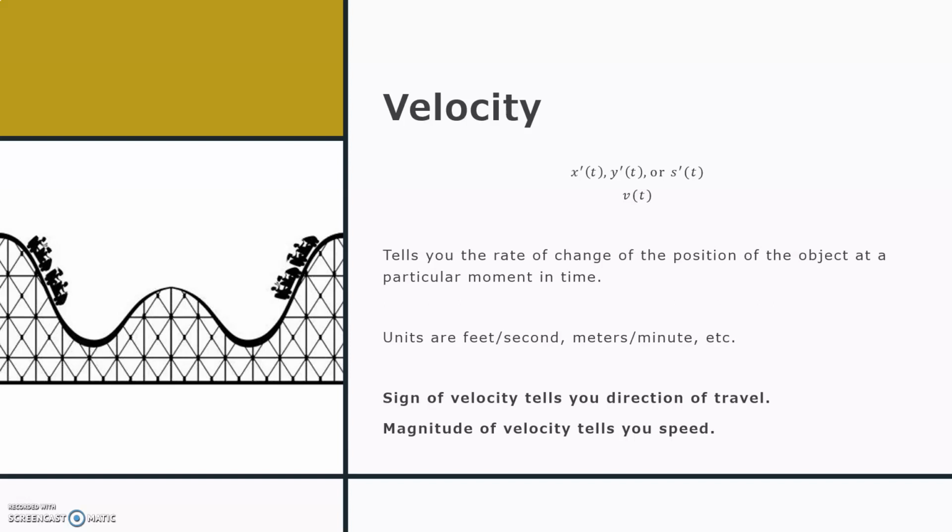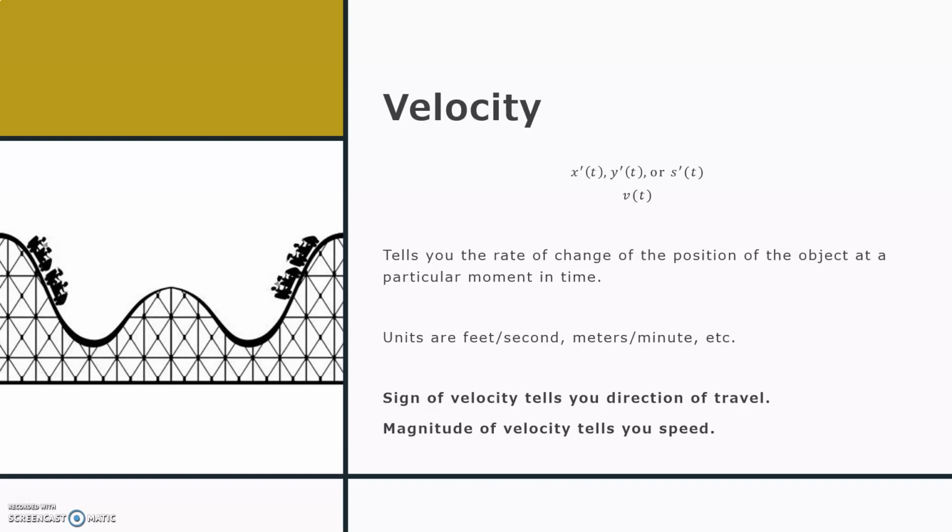So when you take a first derivative, you get the rate of change of your position, which is velocity. That's the first derivative of those position functions. Sometimes we call it v of t, sometimes we call it x prime of t. The units, because it would be a change in distance over a change in time, would be feet per second, meters per minute, etc.